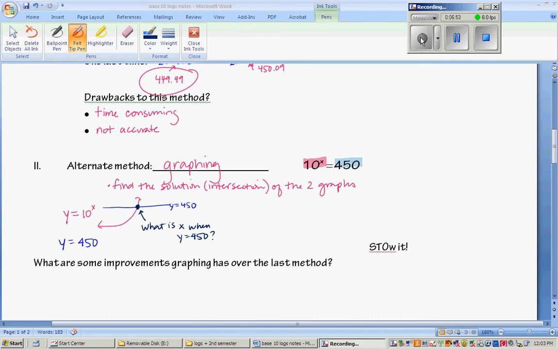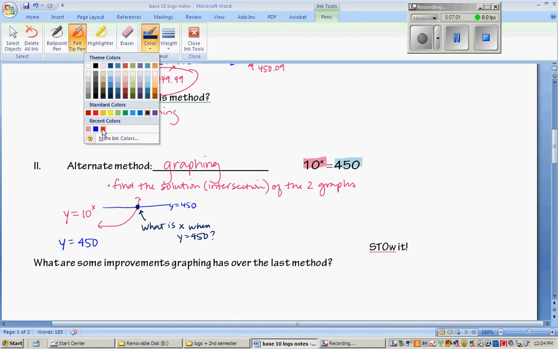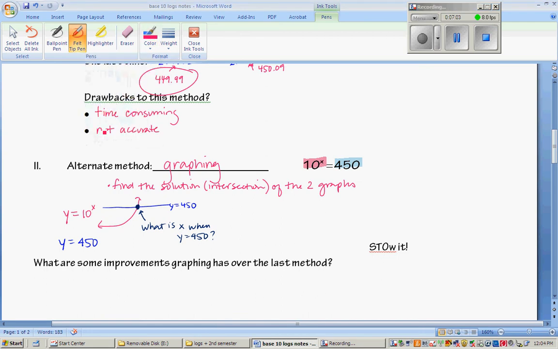If you take a moment and enter these two into your graph, you're going to search for the intersection of those two lines. And when we ask it to calculate that, we're going to get that x is approximately 2.6532125, and we know that the numbers keep on going.